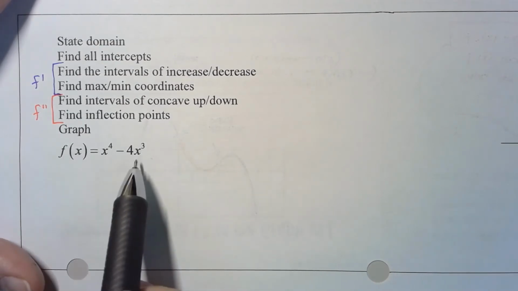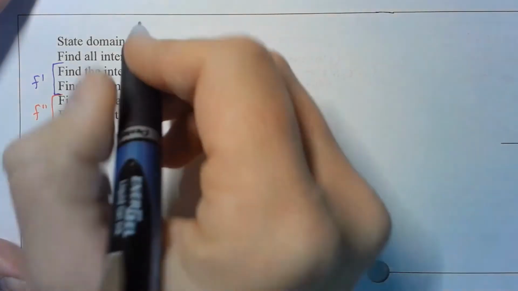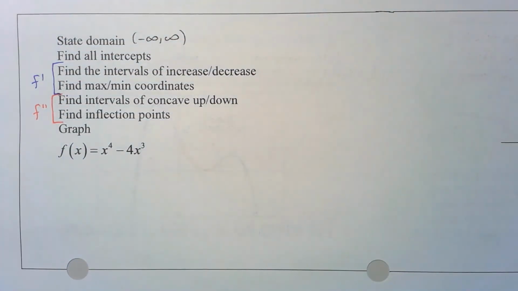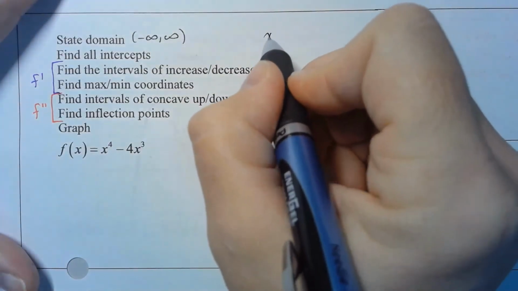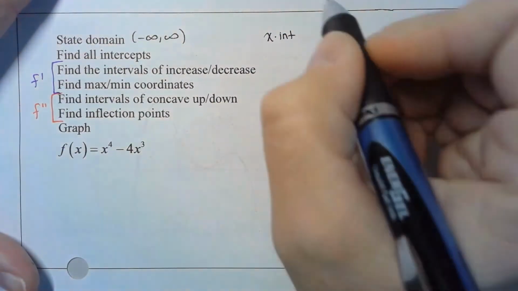So here's my function. It's a polynomial, right? Its domain is all real numbers, so we're not going to have any domain problems. And then we threw this in: find all the intercepts, x and y intercepts. Let's do that here. If you want to find an x-intercept, we plug in a 0 for y.